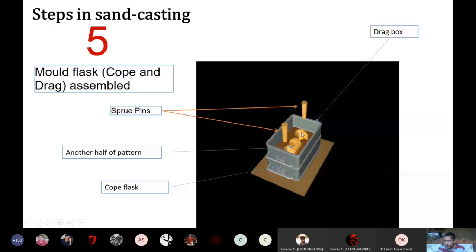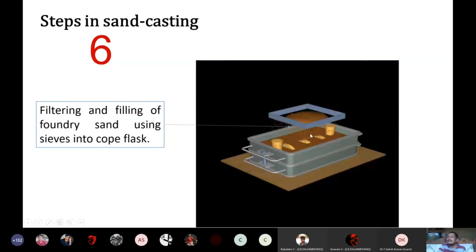So this sprue you will keep in any convenient place so that the metal can easily flow into the mold cavity, whereas the riser you will fit in the topmost projection of your pattern. Now this is filled again by using the sieves. Again by using the sieves, the entire area is completely filled with the green sand.